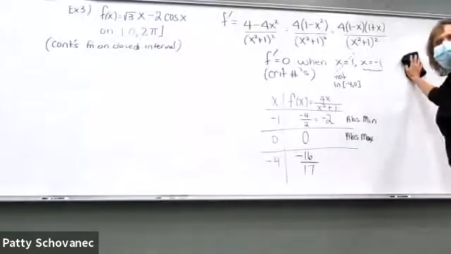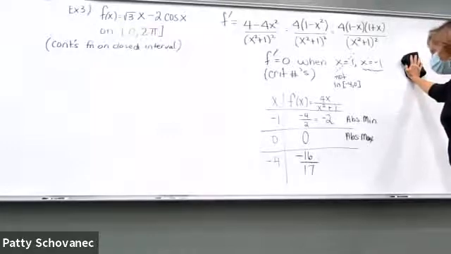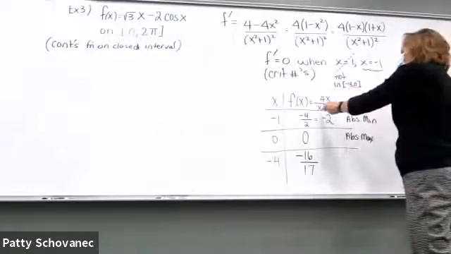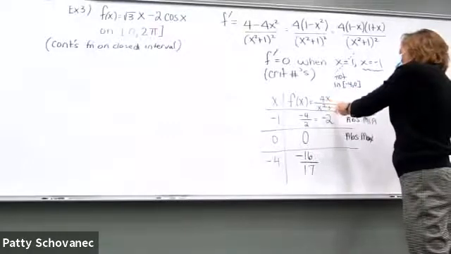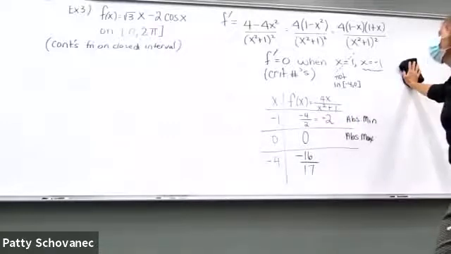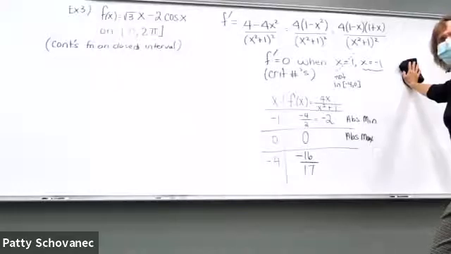Negative 1, that's a negative 4. Negative 1 squared is 1, plus 1 is 2. Did you put a negative to it? It asks for x values, not your y value.